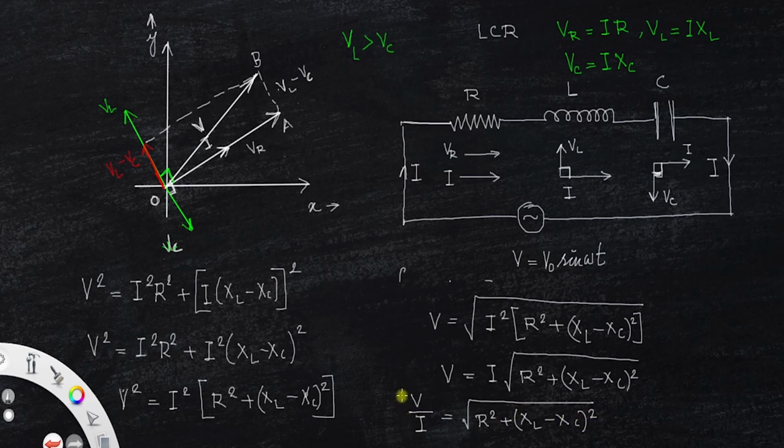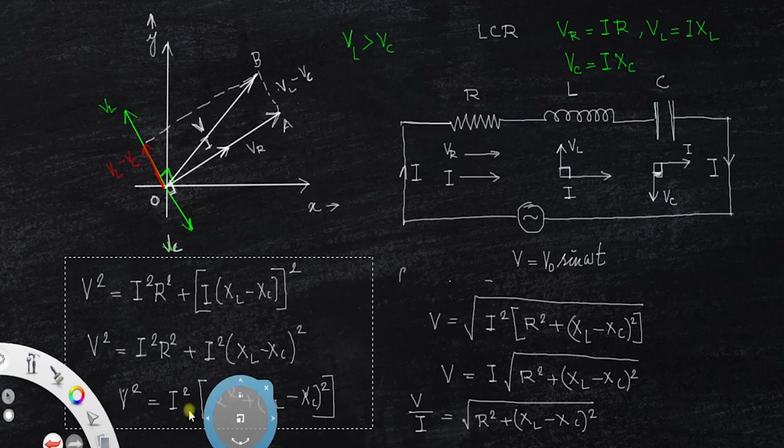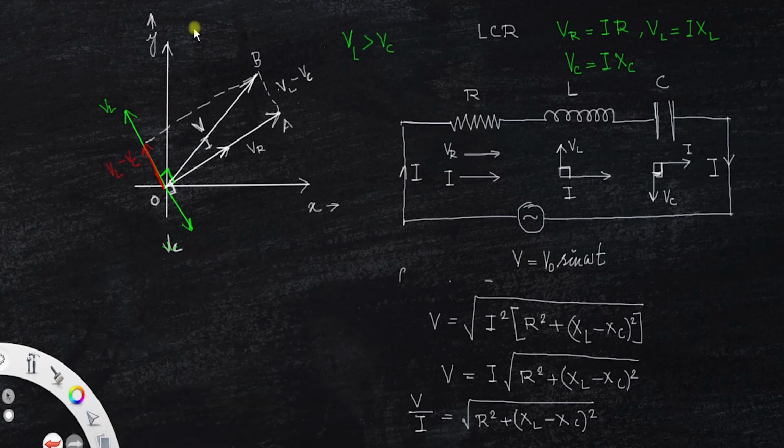We discussed this before, the ratio of voltage to the current is always the resistance. But here the resistance is offered by the series combination of the resistance, inductor and the capacitor. So V by I is the resistance offered by the combination of all these three elements.